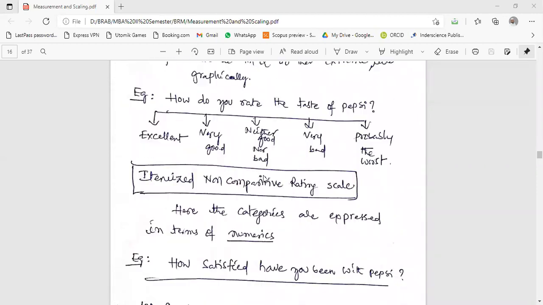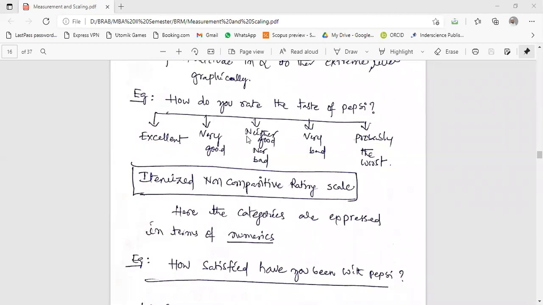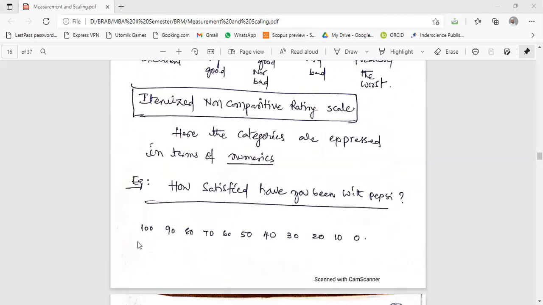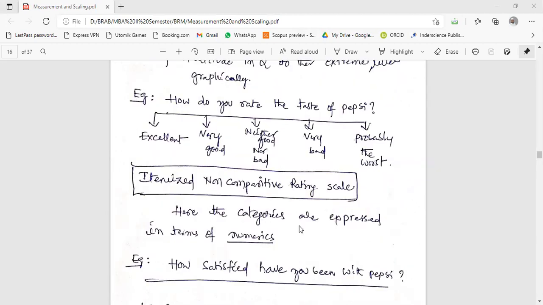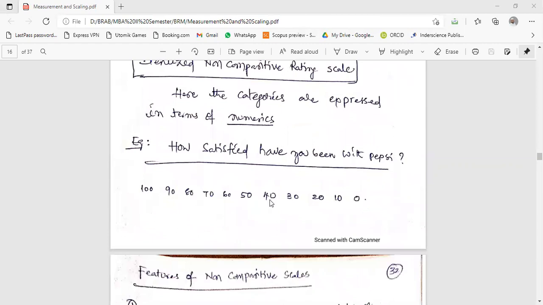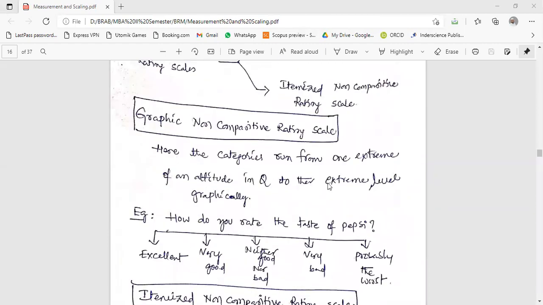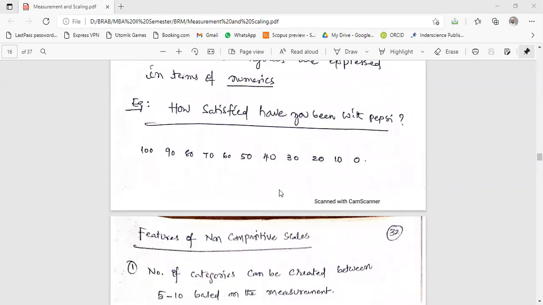Here numbers are given, whereas in the graphic scale attitude is given, excellent, very good, and no number is attached. But when somebody says 80, that means he is probably good with that. So in the itemized non-comparative rating scale we give numbers, whereas in the graphic non-comparative scale we just give our attitude towards that particular brand.